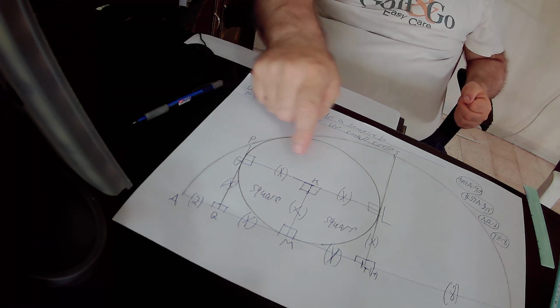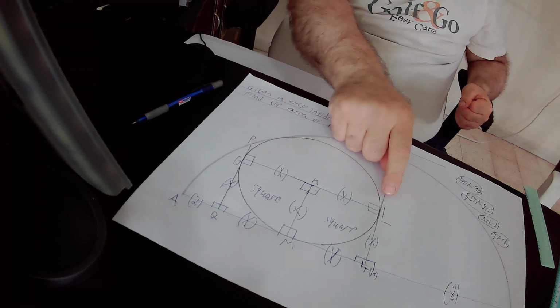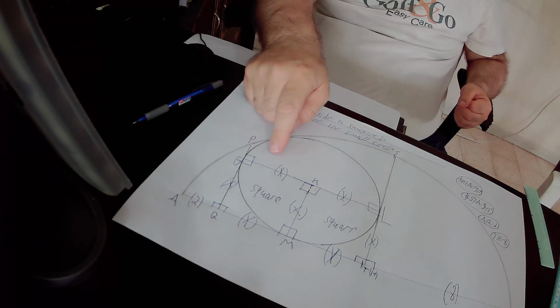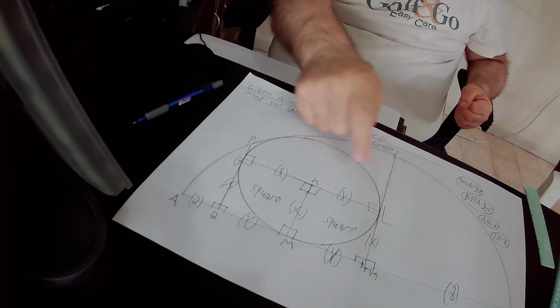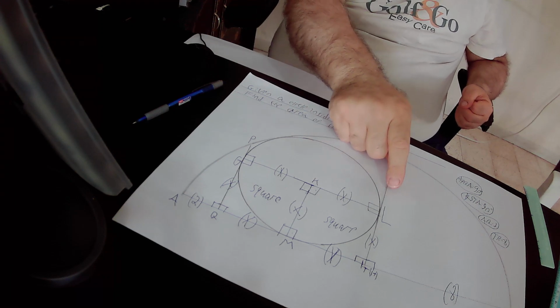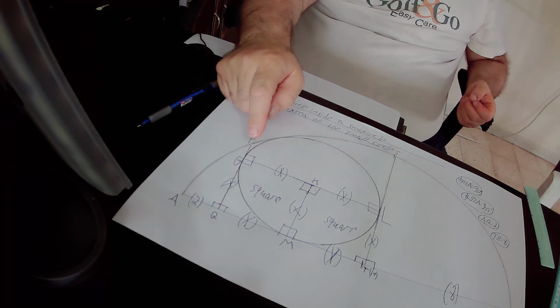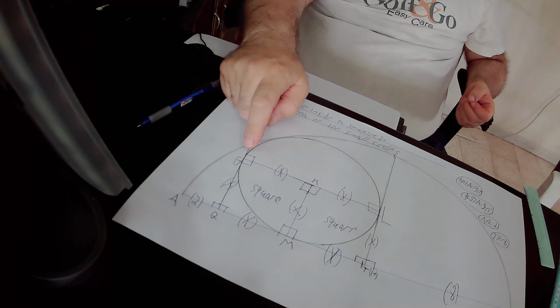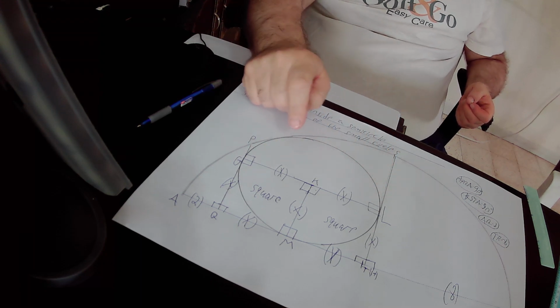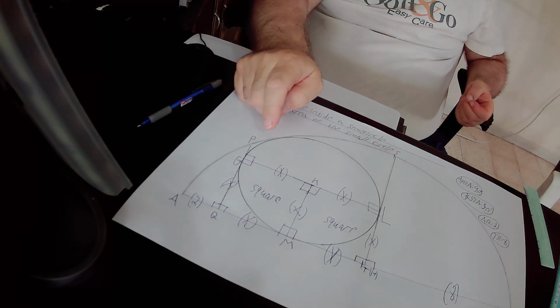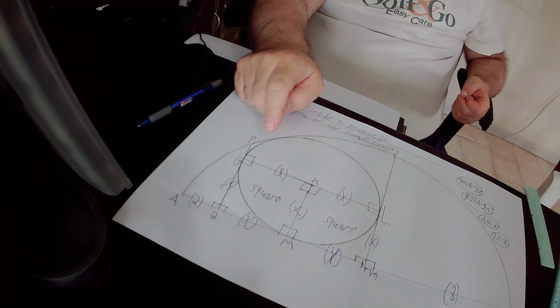So GKL is a straight line. If GKL is a straight line, it means that GL is also a straight line. GL is a straight line that touches the circle at 2 points, point G and point L. Therefore, GL is a chord, because any straight line that touches the circle at 2 points is defined as a chord.